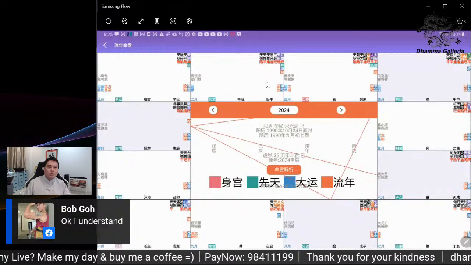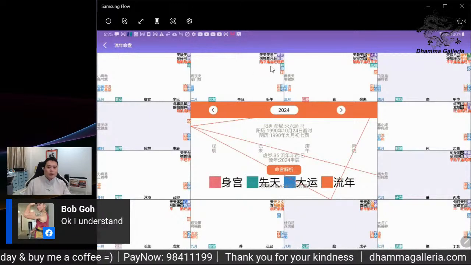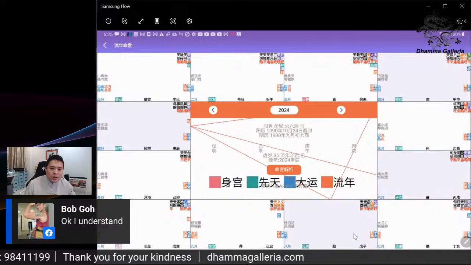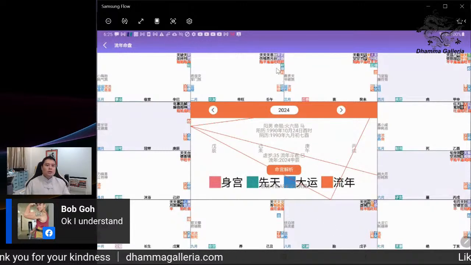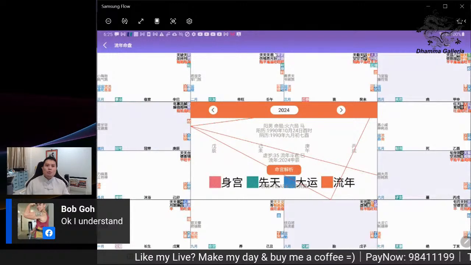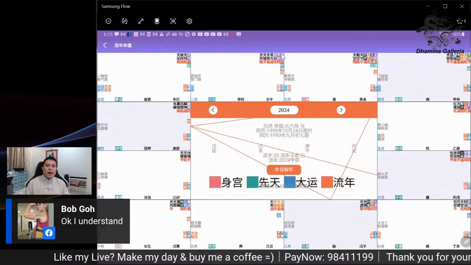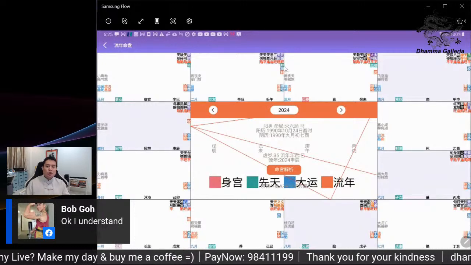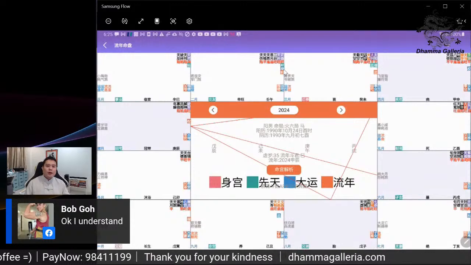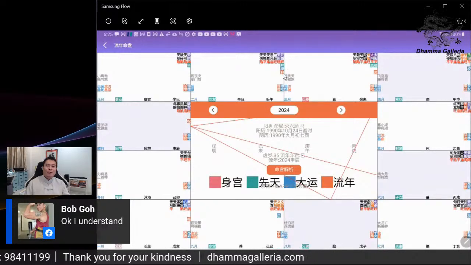It means that in the year 2024, looking at this palace, the karmic domain, which is right opposite of your wealth domain, the star Wu Qu represents financial opportunities, especially related to business. And Wu Qu is paired with Hua Quan, which is the authority enhancer star, Hua Lu, which is the wealth enhancer star, and Hua Ke, which is the fame enhancer star.